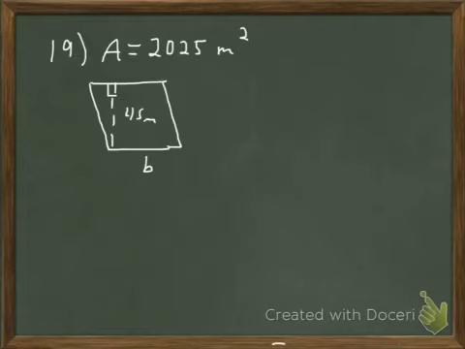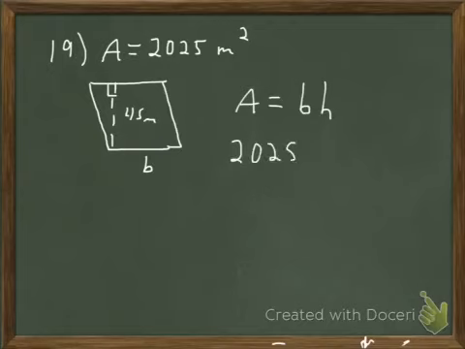Okay, moving on to number 19. 19's different. You're given the area. You have certain parts that you're given. What we're given is the height, but we do not know the base. Now this is back to a parallelogram. This is not a trapezoid. So remember, the area of a parallelogram is just base times height. So fill in what you know. We know that A, the area, is 2,025.